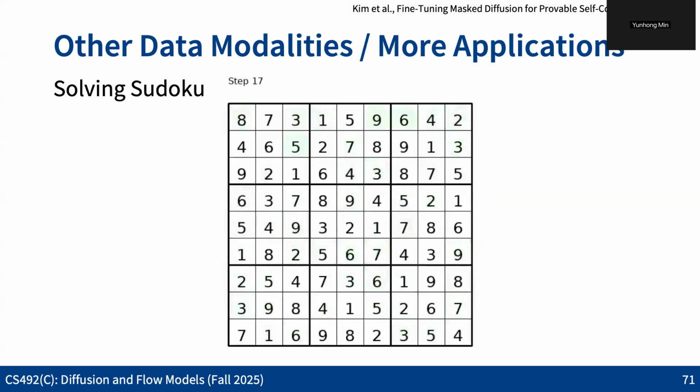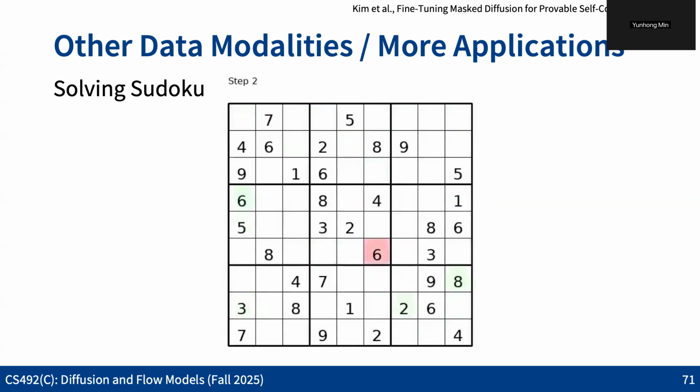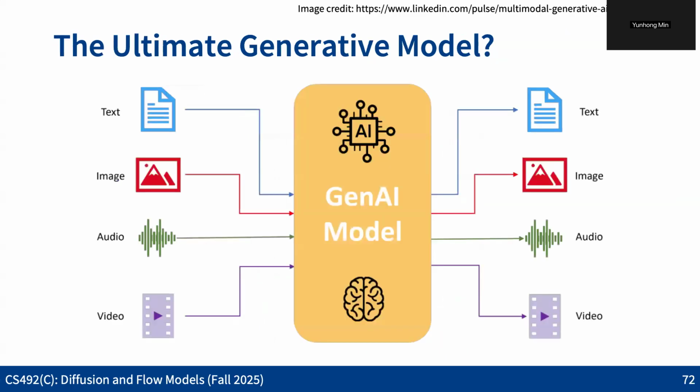So here the question is, in the future, what would be the ultimate generative model? At the end, we would want to see one big foundation model that can take all types of data as input, like text, image, audio, and many other things, and also produce all of them as output. For such an ultimate generative model, what would be the best way to design it?